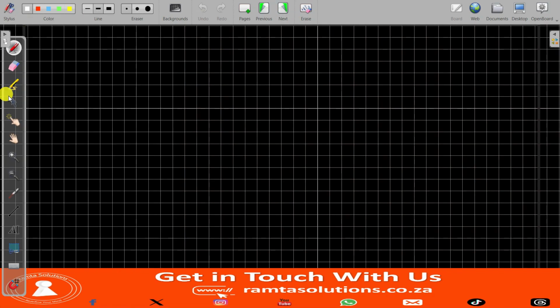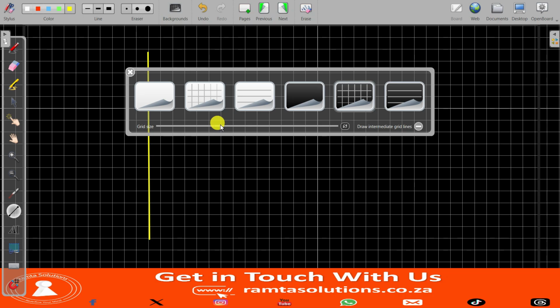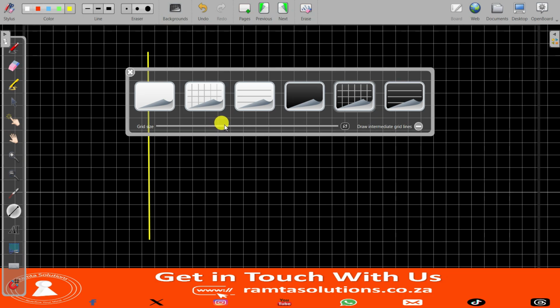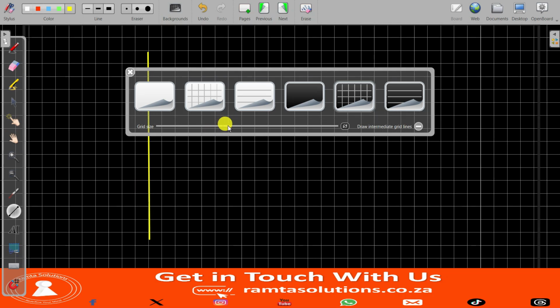So let's just draw it. Okay, let me change the color. I just want to make sure that I have the right thing here. I think I should enlarge it a bit. I think it's better now.